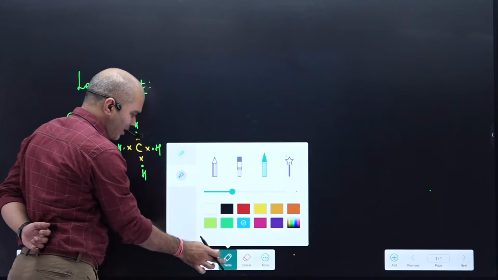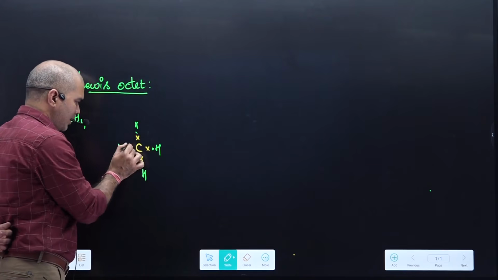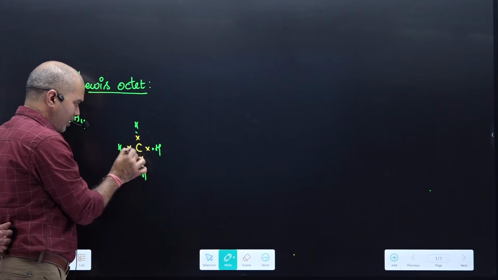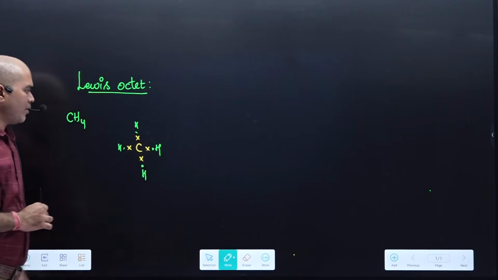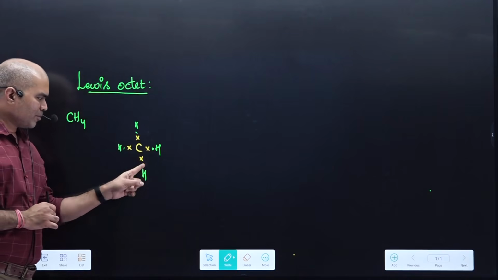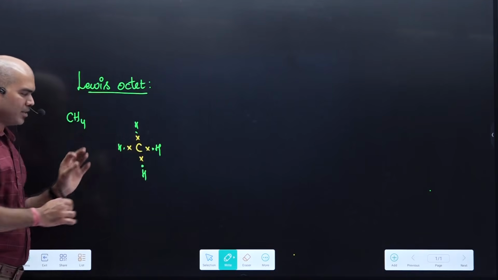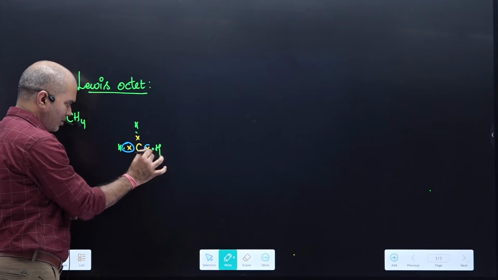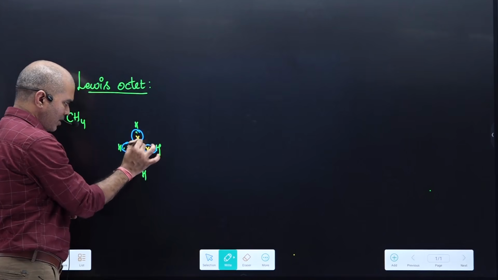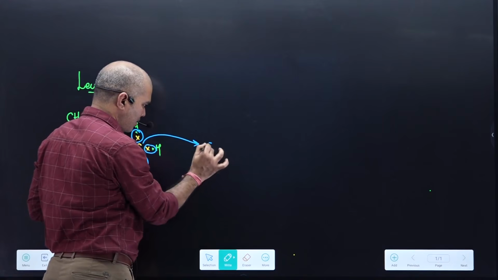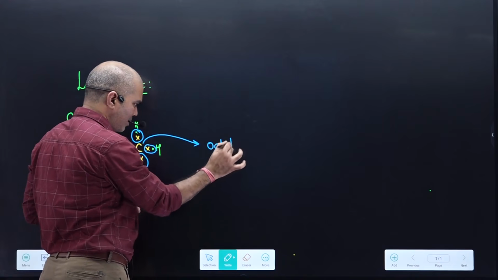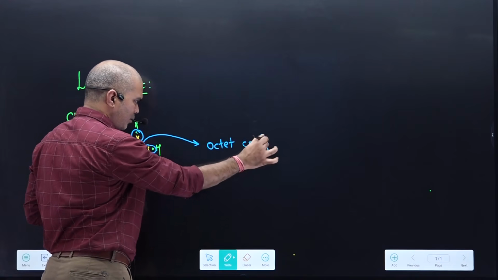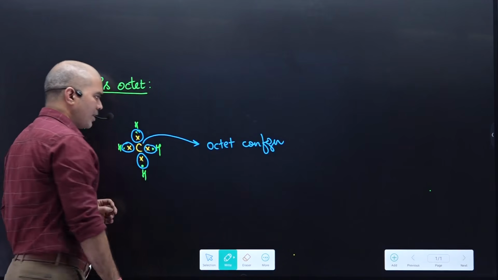Now look at the central atom. In the central atom there are 1, 2, 3, 4 electrons from the carbon, and whatever electron is contributed from hydrogen is also taken into the octet. So this is 2 electrons, 2 electrons, 2 electrons and 2 electrons. So we say carbon is satisfying octet configuration, therefore it is stable, with the nearest inert gas configuration.